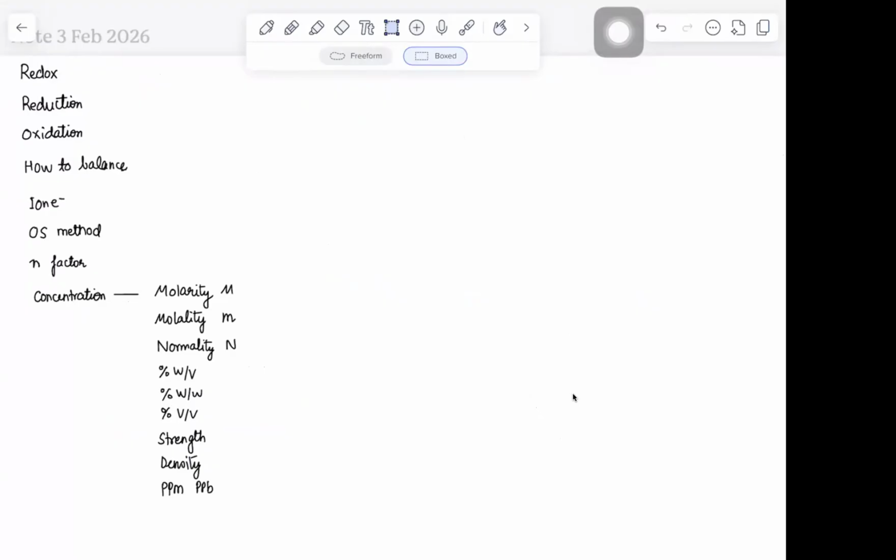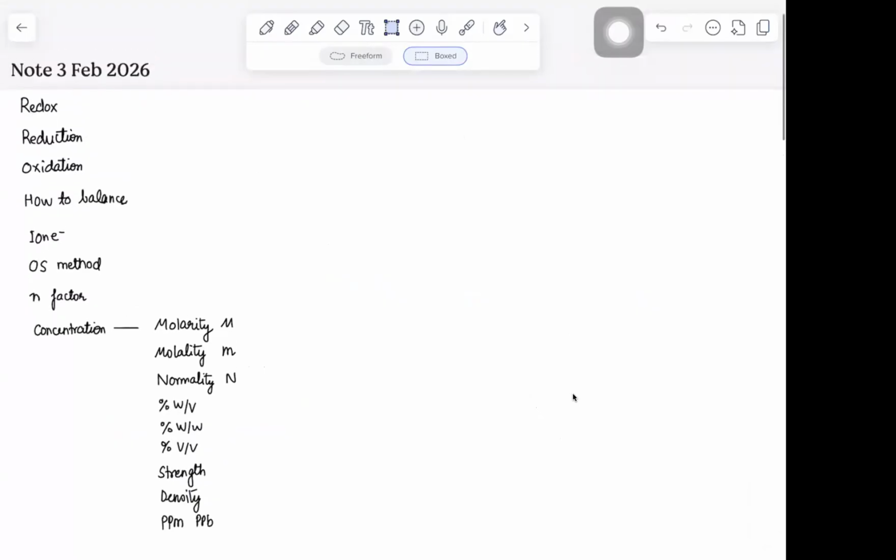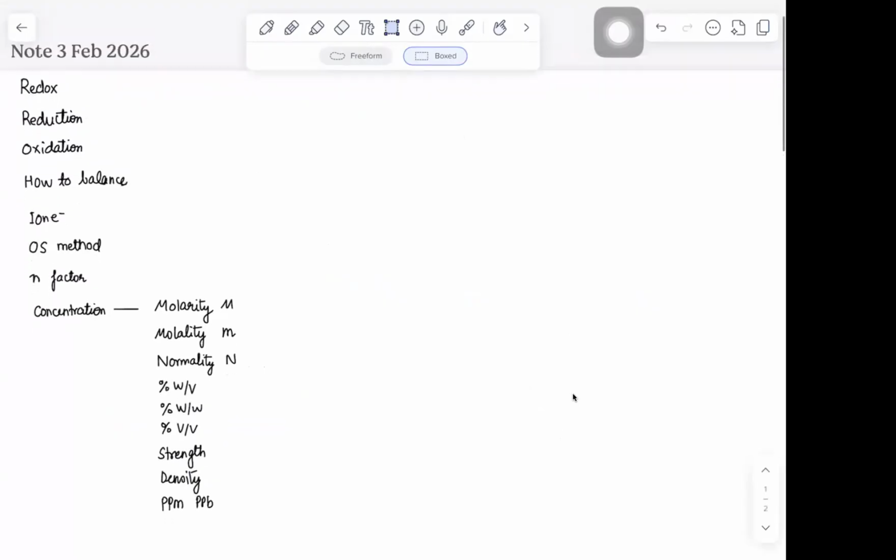Then comes, once you know concentration, N factor, oxidation method, ion electron, how to balance, reduction, oxidation, redox, then comes the part of volumetric analysis. Volumetric analysis requires some fundamentals, as in the concept of gram equivalence, the concept of titration.